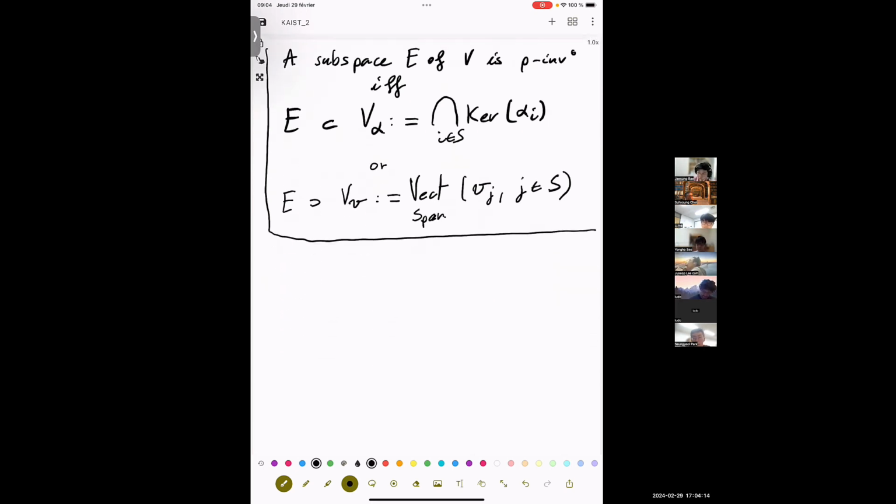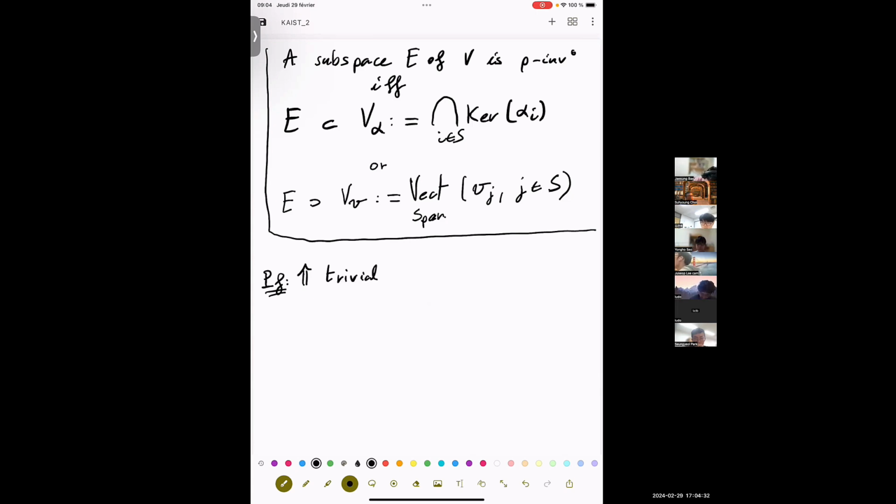Okay, and the proof is nice. It's not complicated. This implication is trivial. I mean, you just look, and it's clear.